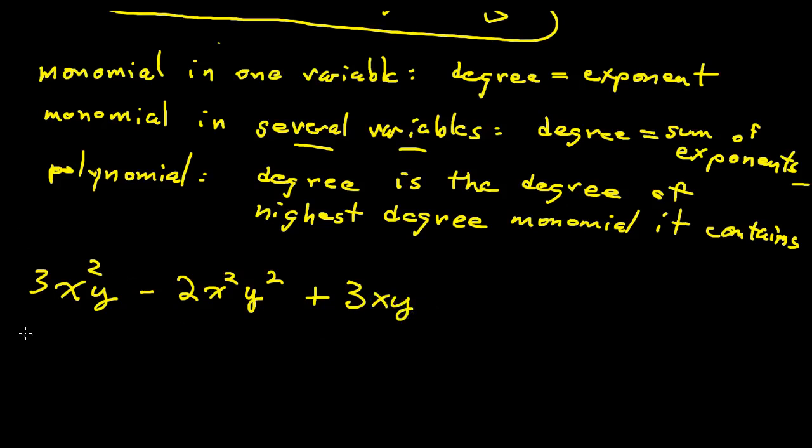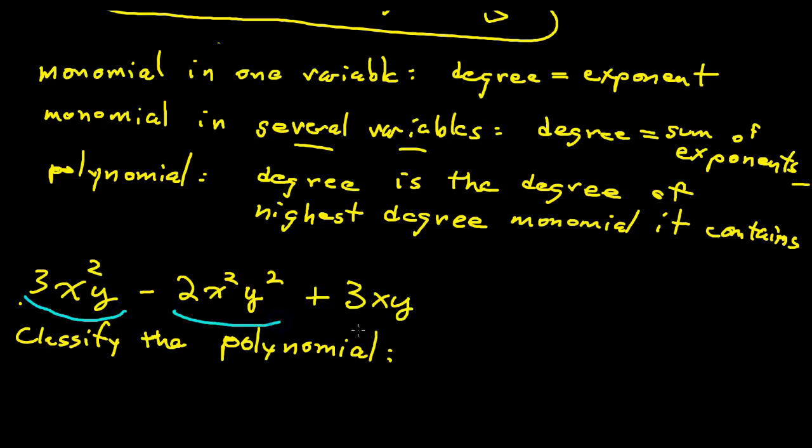So I'll say classify the above polynomial. Tell me what kind of omial it is, and tell me what degree it is. Well, clearly I've got 3 terms, 3 monomials being added up here. So I'll call this a trinomial.